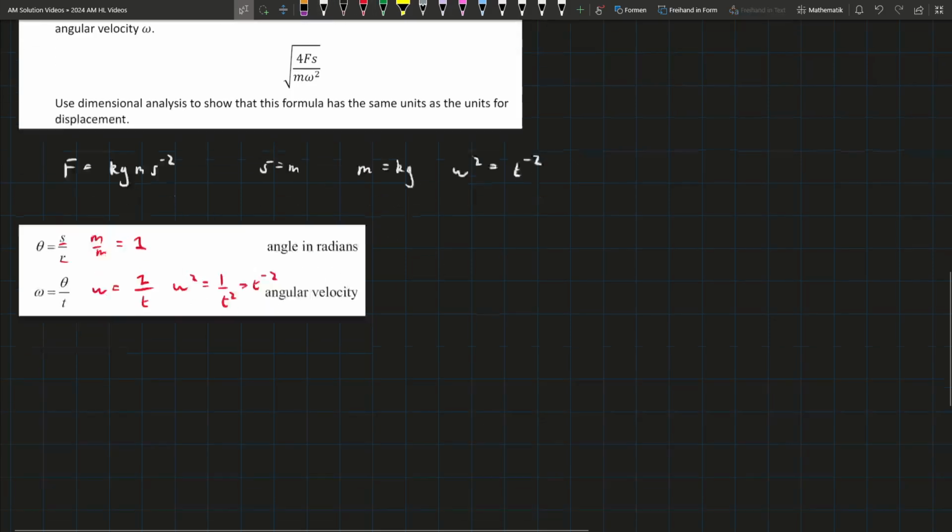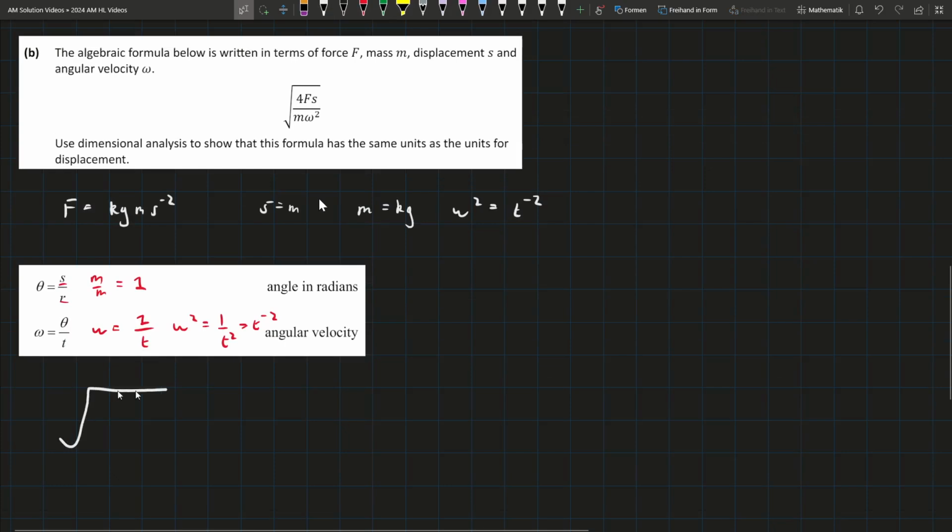So now we can sub into our formula. So we have the square root of 4, which is a constant, doesn't make a difference. We have kilogram meters per second squared times meters over meters for displacement over mass, which is kilograms, multiplied by seconds. Sorry, I wrote T for time. I wanted to write S for seconds per second. So we'll have S to the power minus 2.